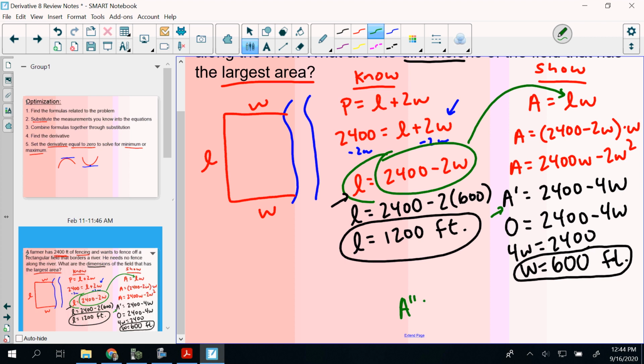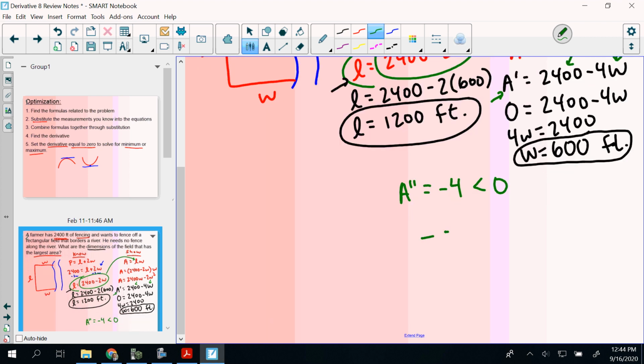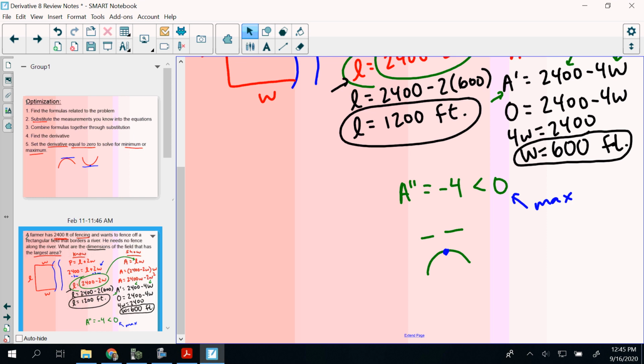The 2,400 is a constant, so that's 0. The derivative of the other term is going to be -4. That second derivative, no matter what the width is, is going to be less than 0. Remember from our work with second derivatives, if you have a second derivative less than 0, it's concave down. So if it's concave down, the point here is going to be a maximum. So this shows that we did in fact find a maximum, or the largest area.